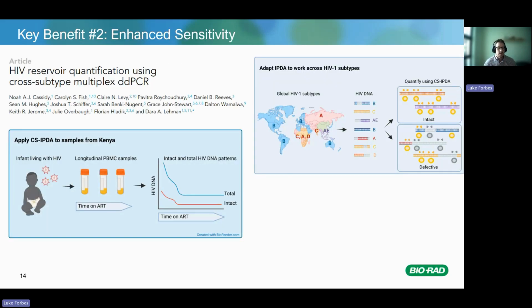Now, looking at the second key benefit, we talk about the enhanced sensitivity of ddPCR over qPCR. In this case study, we can look at HIV cure research. In populations with high HIV burden, there is a lack of accurate assays that are able to quantify the replication competent reservoir across the various HIV subtypes.